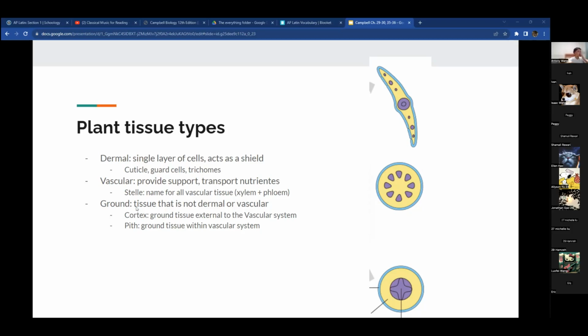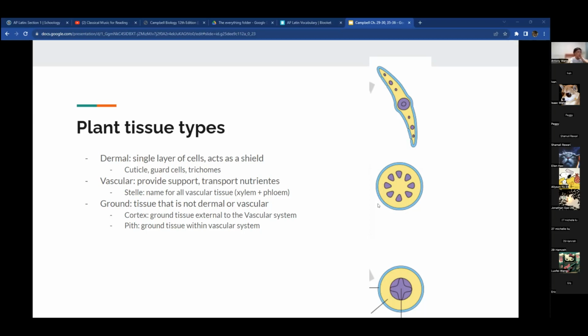You have the cortex, which is the outer layer of ground tissue. If you think of the stele as a ring, as you see here, the light blue is the dermal, the yellow is the ground, the purple is the vascular. Everything in this layer is the cortex. It's between the dermal and the vasculature.